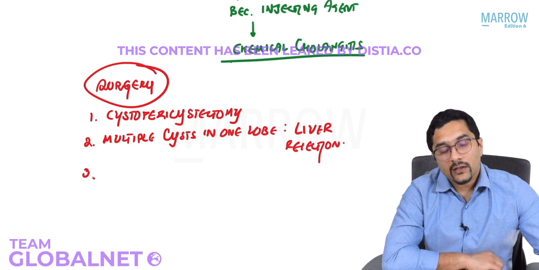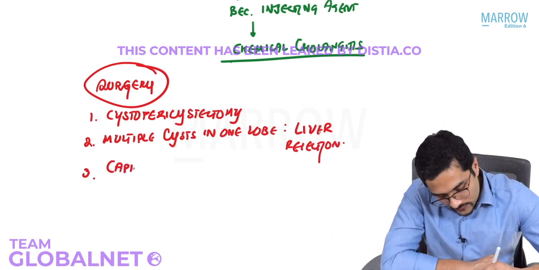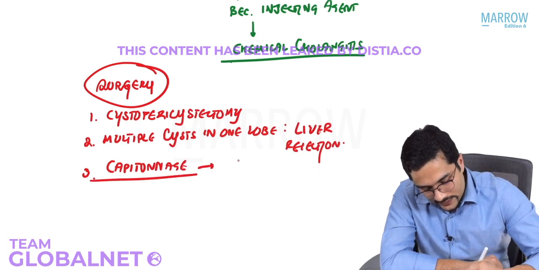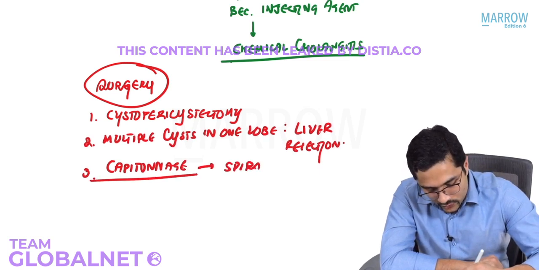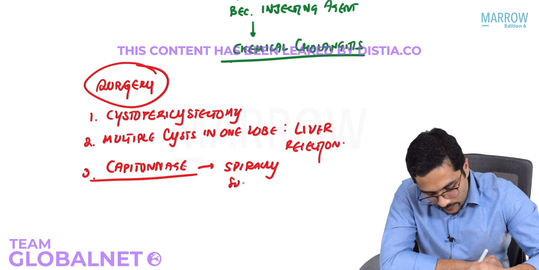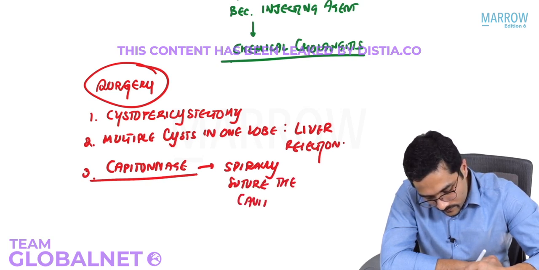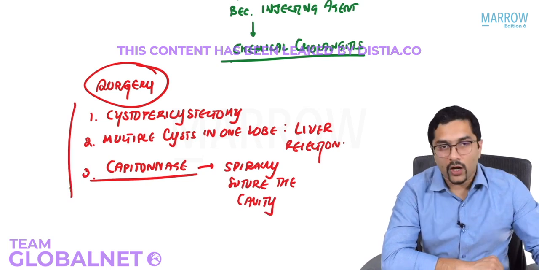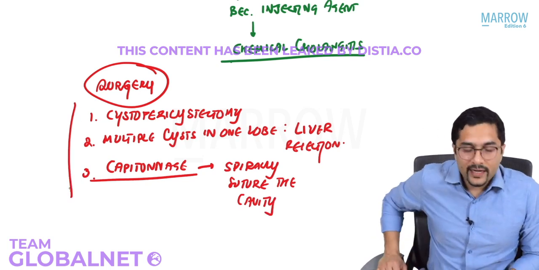And capitonnage. Capitonnage is when you remove the cyst and you spirally suture the cavity. So these are the various surgical options which are available in hydatid disease.